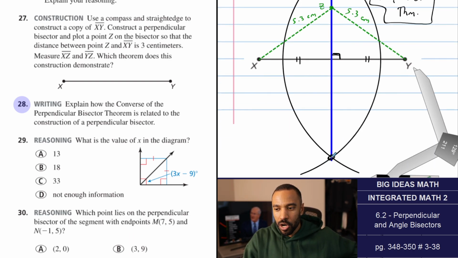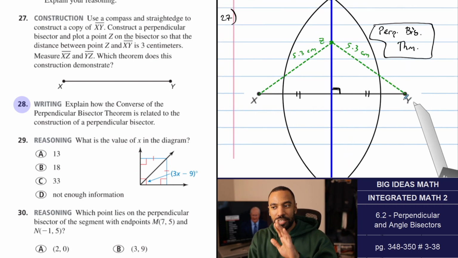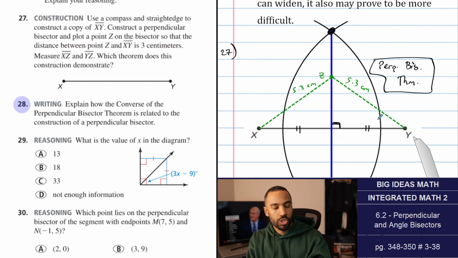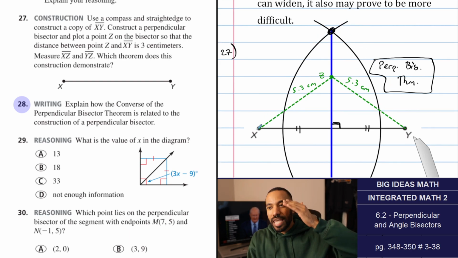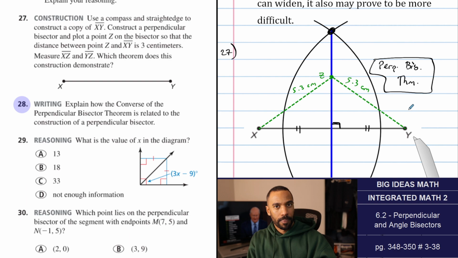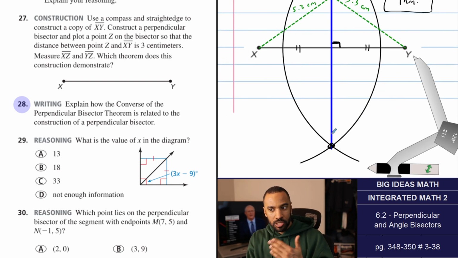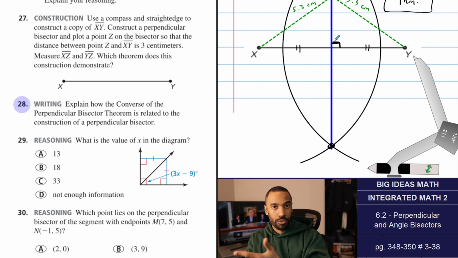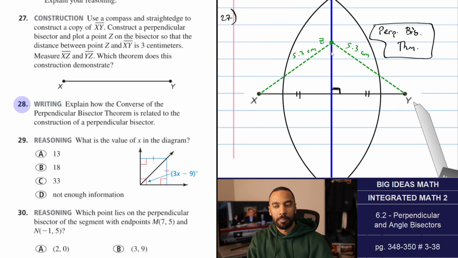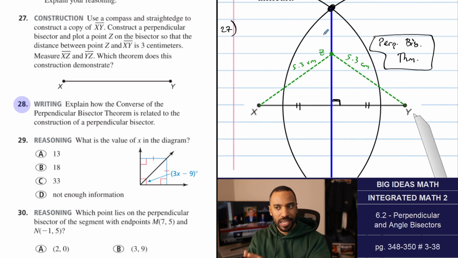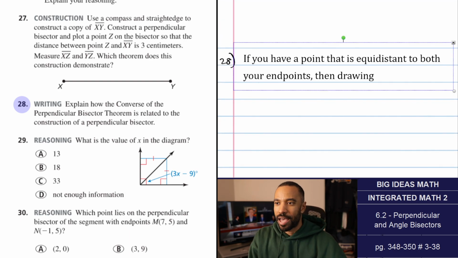I drew it from these. These are also equidistant to there. So the compass construction created equidistant points. And because it created two of them on top and bottom, drawing them guaranteed the whole thing, right? That makes the converse thing happen. So it guaranteed that this line would have been the perpendicular bisector. So yes, this construction is what they're talking about. So let me go back, so let me backtrack this.